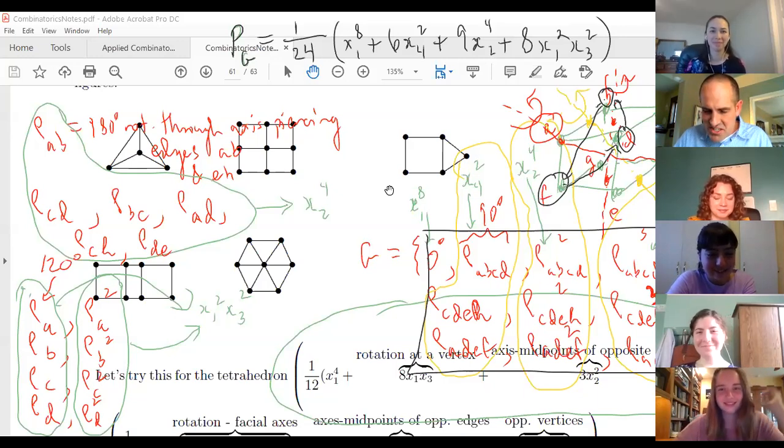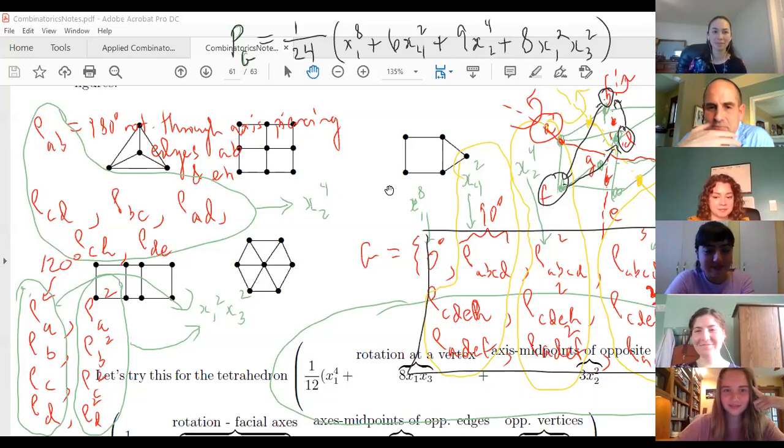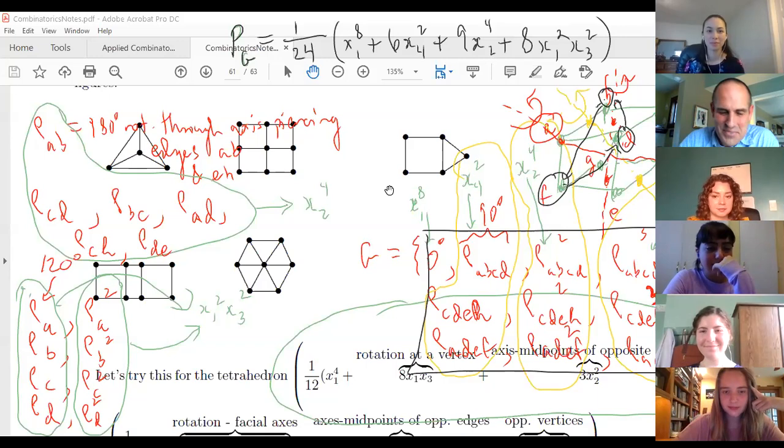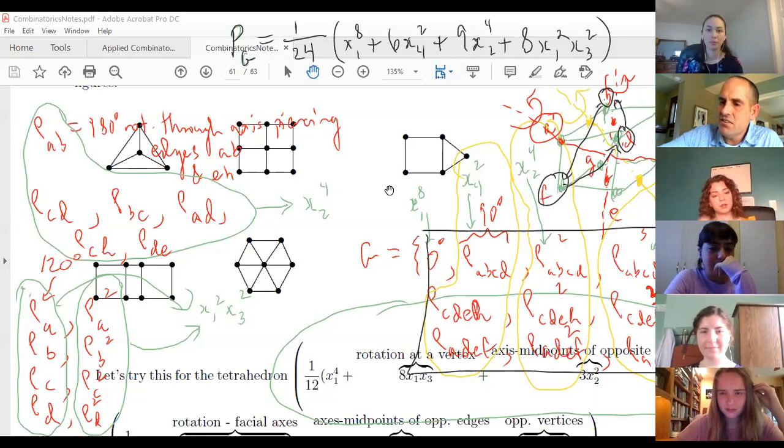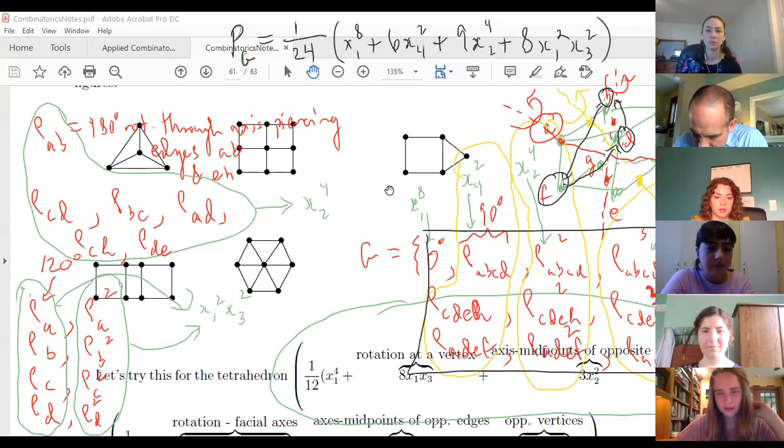Okay. Any questions about any of this? Could you explain, is there any chance you could explain really quick, I kind of missed it, why whenever we rotate it through opposite vertices, there's two separate ones apart from the identity instead of just one?